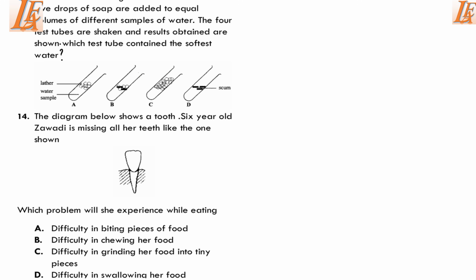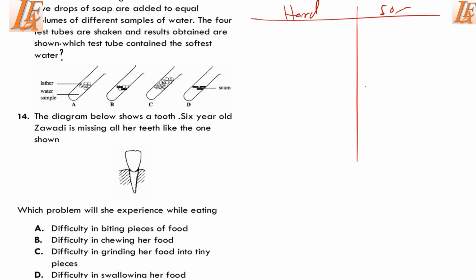Question 13. 5 drops of soap are added to equal volumes of different samples of water. The 4 test tubes are shaken and results obtained as shown. Which test tube contains the softest water? In this case, we need to know the difference between hard and soft water.